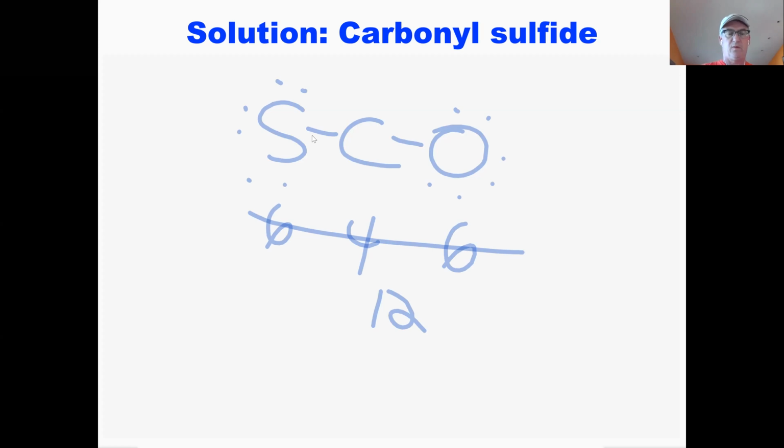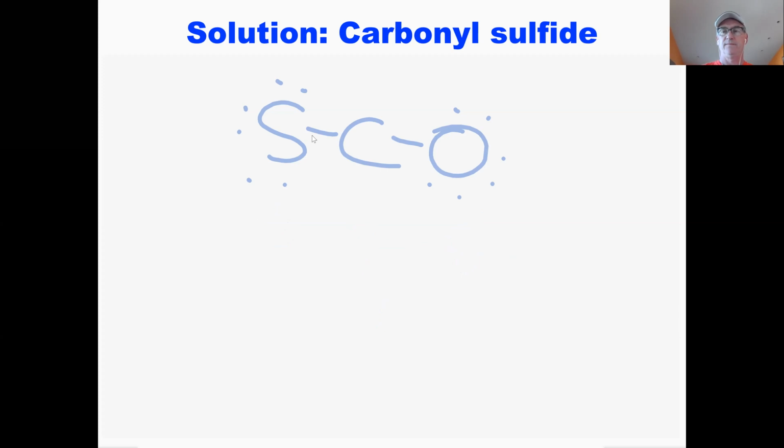But do we have an issue here? Let's count the total electrons. Sulfur has 8, right? It has its 3 lone pairs and a bond, so it has an octet. Oxygen is an octet because it has its 3 lone pairs and a pair in the bonds. But carbon, poor little carbon, how many total electrons does carbon have? Does it have an octet?